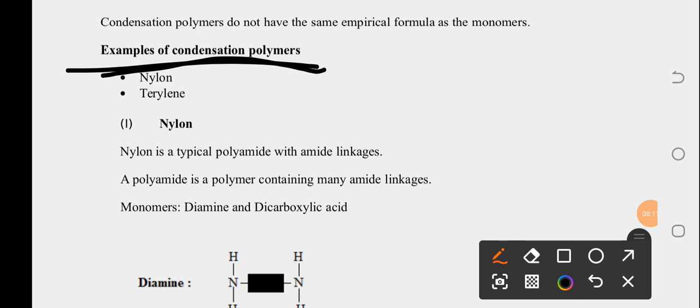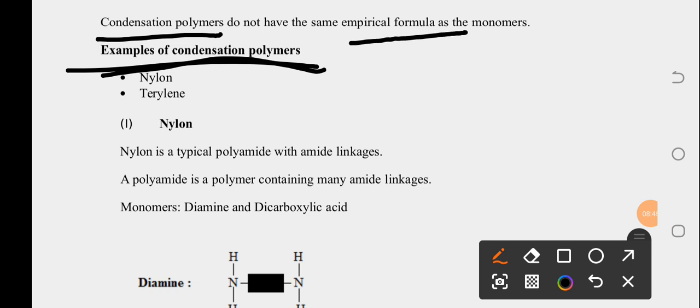Addition polymers have got the same empirical formula as the monomers. But condensation polymers have got a different empirical formula. So the monomers used to make this polymer have their own empirical formula, and the polymer which is formed has its own empirical formula.